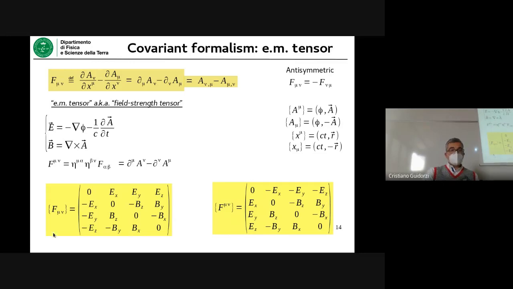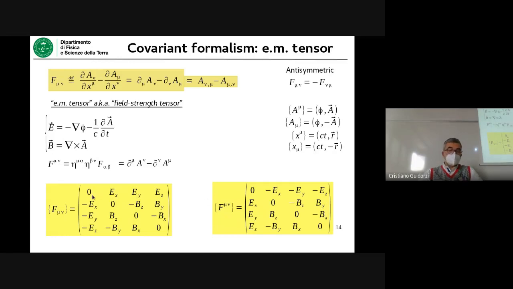If you compare both the covariant and the contravariant, you see that applying the rule, when you raise 0, the sign doesn't change. When you raise 1, 2, 3, the sign changes. Here you raise two indices. For 0, 0, of course, it is the same.